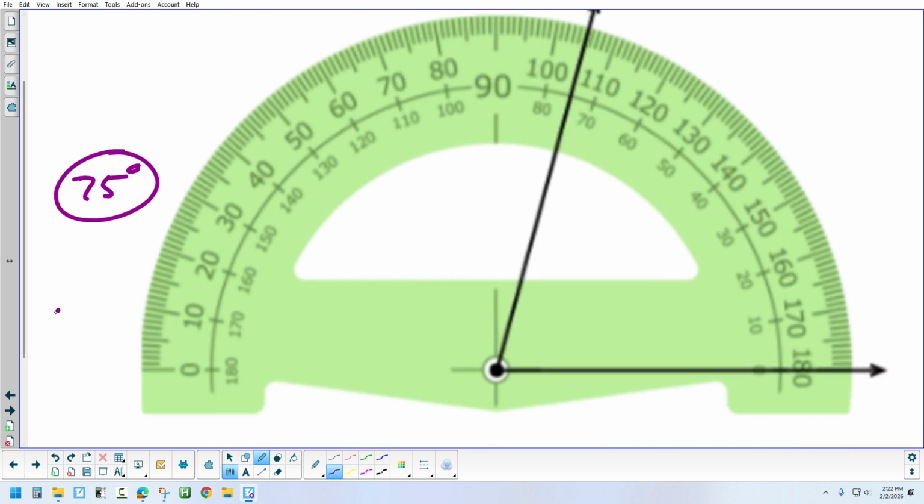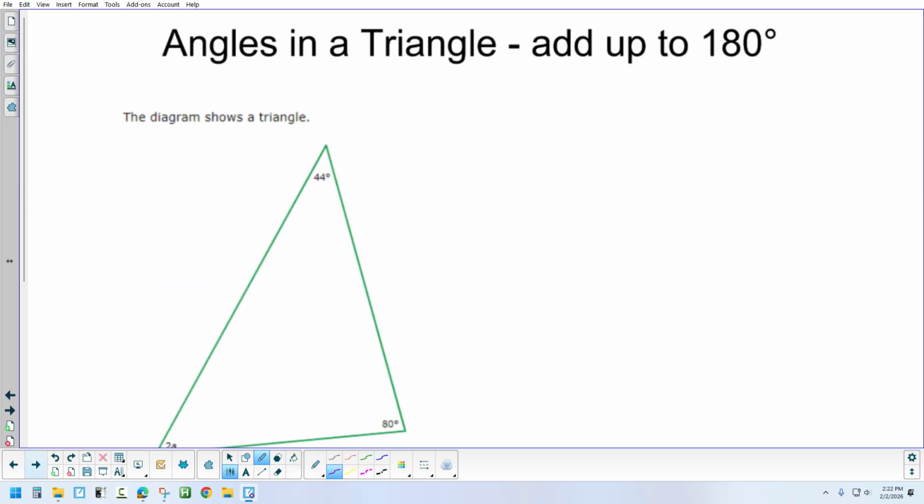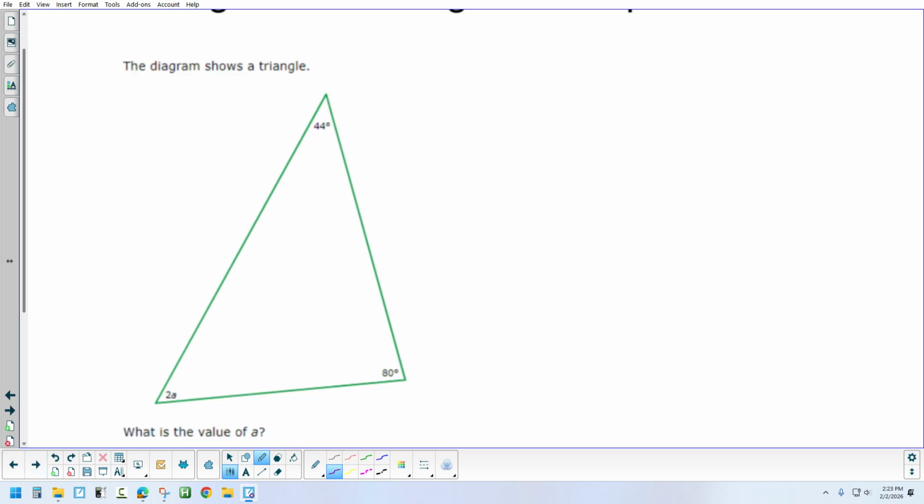All right. So the last thing is about triangles. Does anybody know, when you have a triangle like this, it has 3 angles in it, and all 3 of these angles added together equal something? Does anybody know what all 3 angles in a triangle add up to? 180. Yep, they all add up to 180. So all the angles inside a triangle add up to 180.